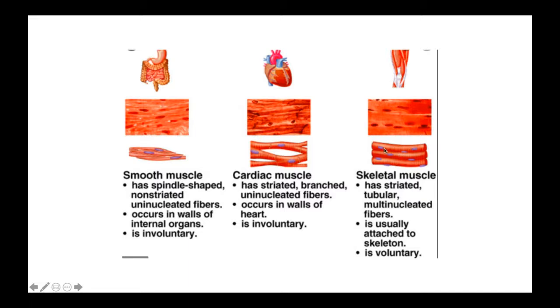Here we see many, many nuclei, but you can see in each myocyte, there's just one nucleus in each fiber, but it is also highly branched. If you look, you see that they have many branches, unlike skeletal muscle. So cardiac muscle relates to the heart, skeletal muscle relates to muscles that attach to the skeleton.